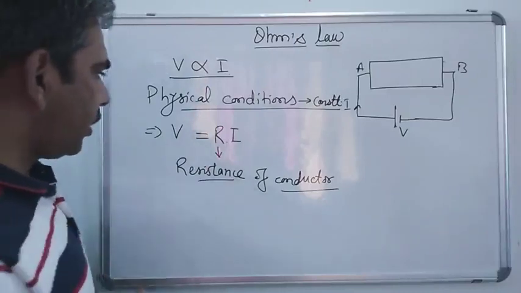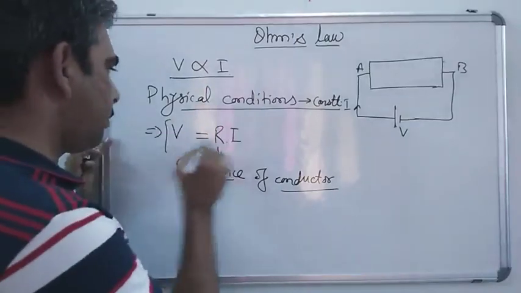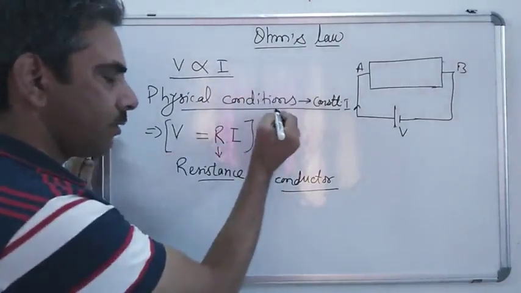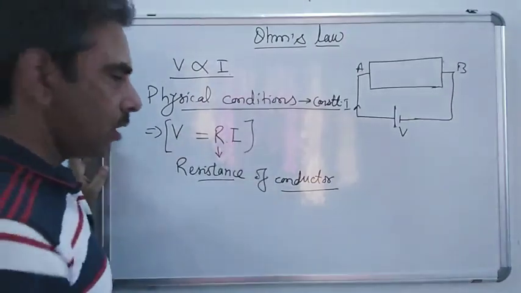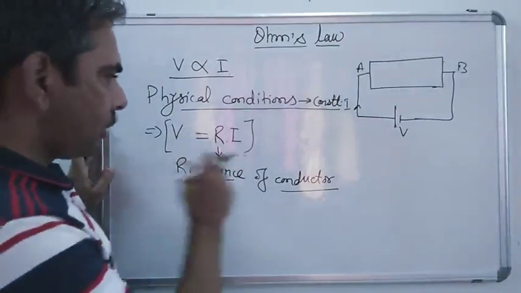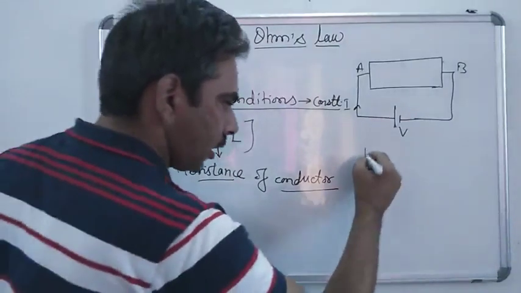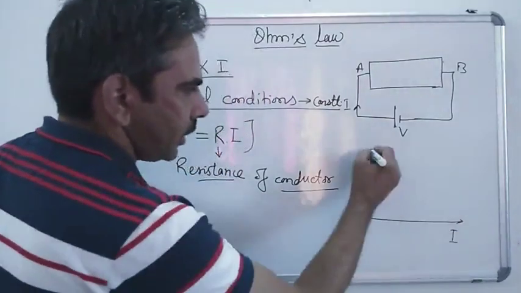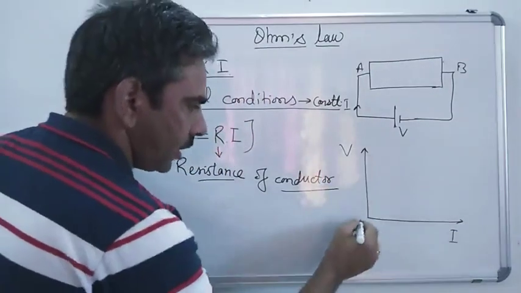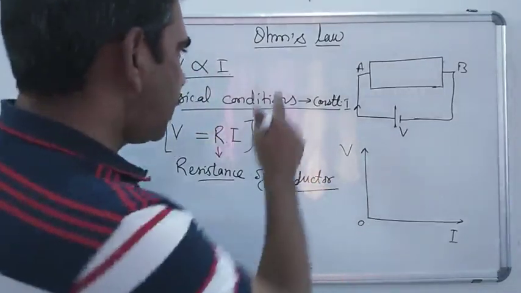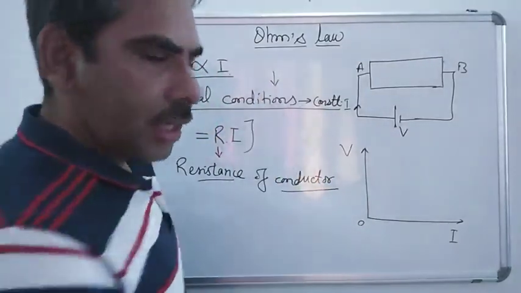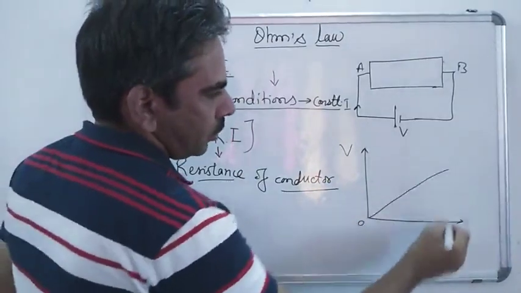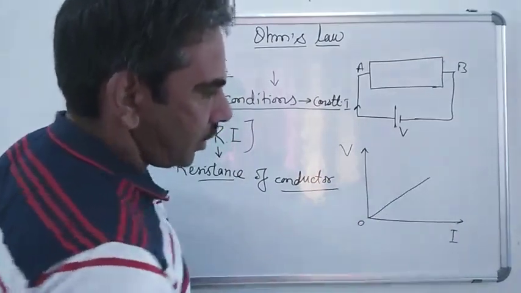So from here we see that there is a direct proportionality between V and I according to Ohm's law, under certain constant conditions. This proportionality we can also draw on a graph. If we take I along the horizontal axis and V along the vertical axis, and these conditions are satisfied, then V and I will be proportional, and we get a straight line graph just like this.